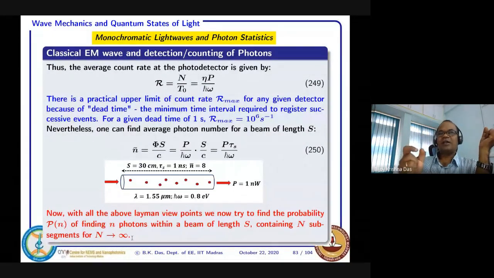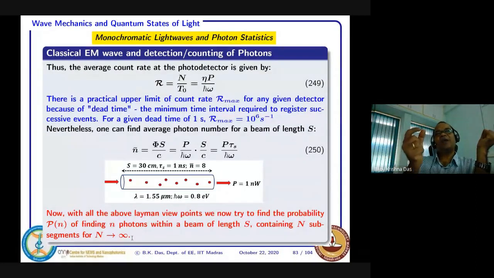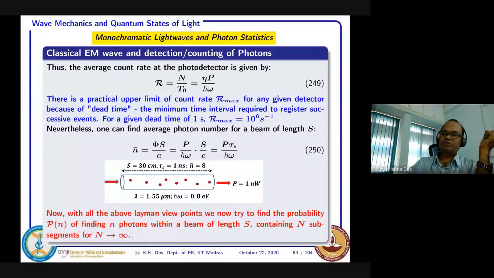Out of these N segments, some fraction of segments will have photons, some fraction will be completely absent. So considering that a probability distribution exists, we will directly follow it to reach the photon statistics, the so-called Poissonian statistics.